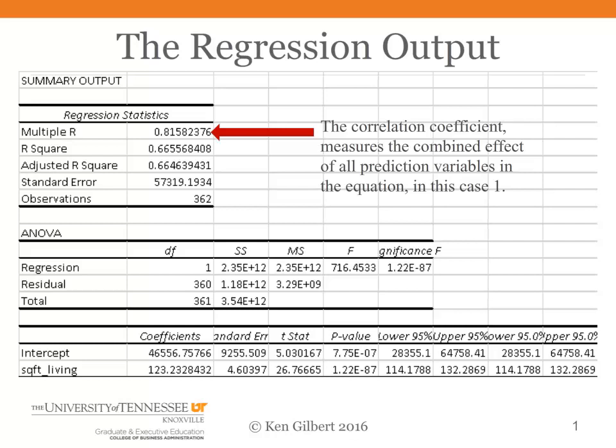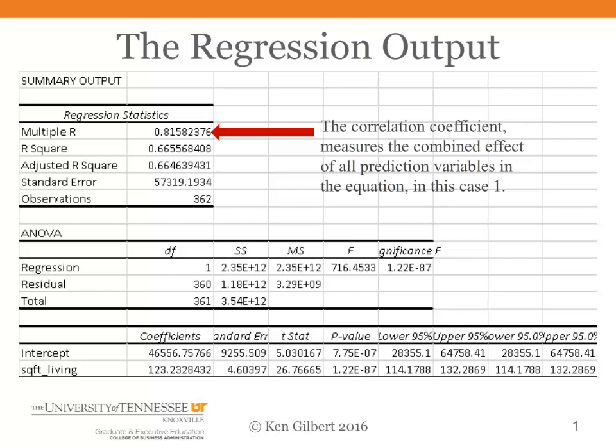Okay, here is the output of an Excel regression analysis, and the first number that is being highlighted there is the correlation coefficient. In this particular example, we have only one input variable, so this thing that's called multiple R is exactly the same as the correlation coefficient between the input variable and the output variable.